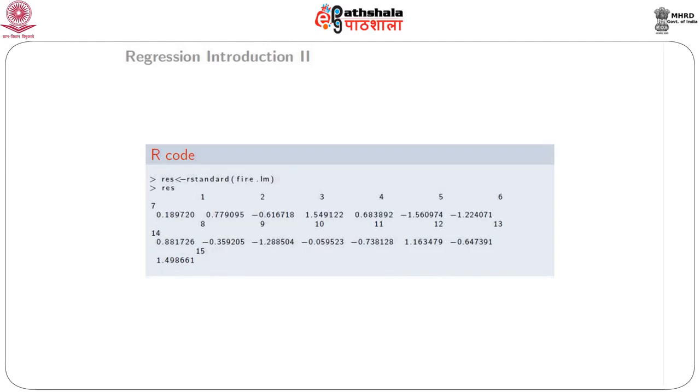Finally, we can actually obtain the standardized residuals for the object of lm. So, in order to do that, we have used the standard function in R and obtained the residuals, which is nothing but the difference between the actual observation and the observations that we have obtained by plugging in the values of x into our fitted regression line.